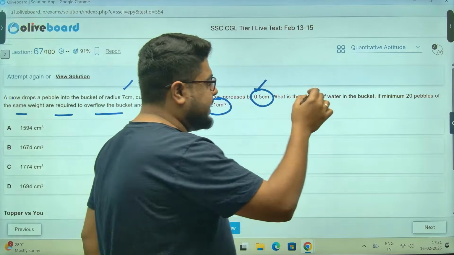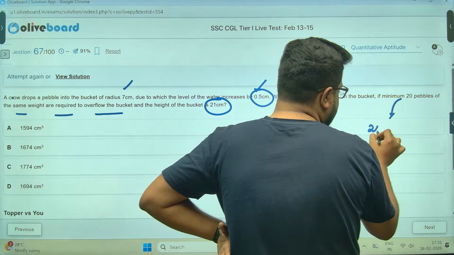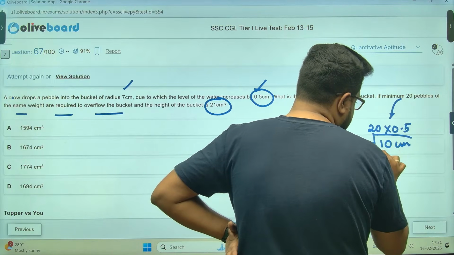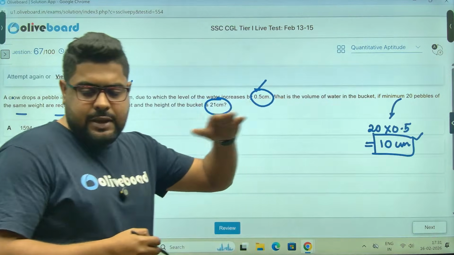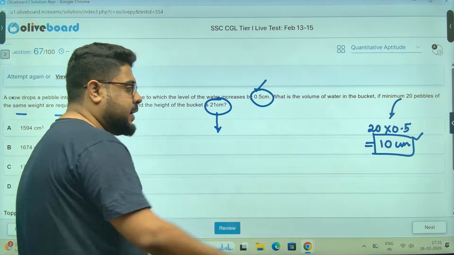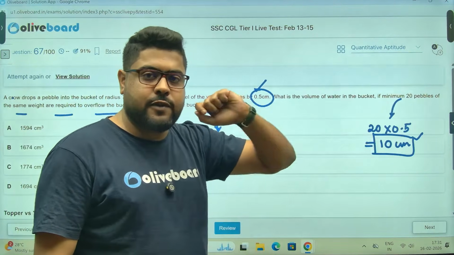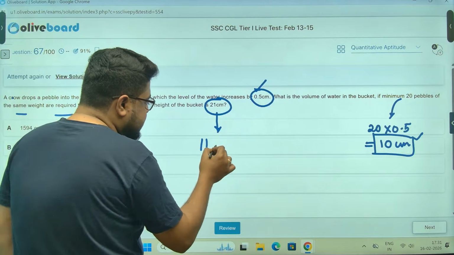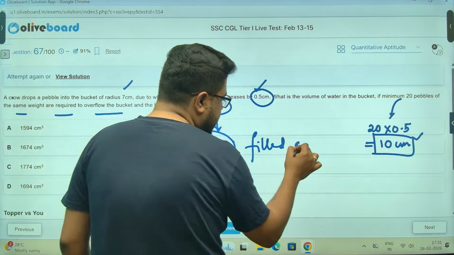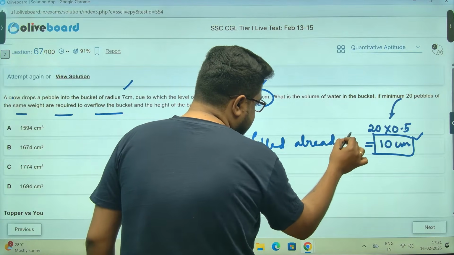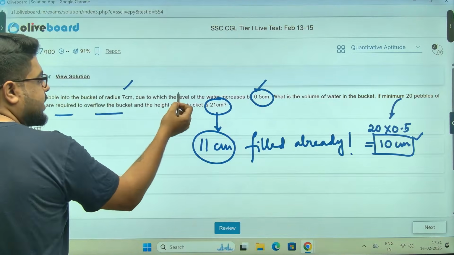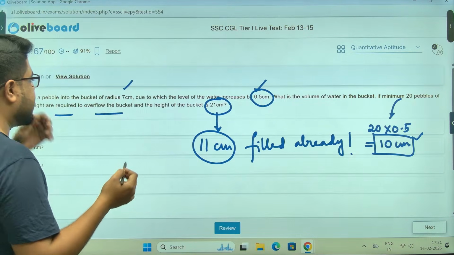So 20 pebbles will increase it by 20 into 0.5, meaning 10 centimeters. Total 21 centimeters. It will need to increase by 10 more to overflow. So already it is 11 centimeters filled. Now, if that is the situation, find the volume of water.